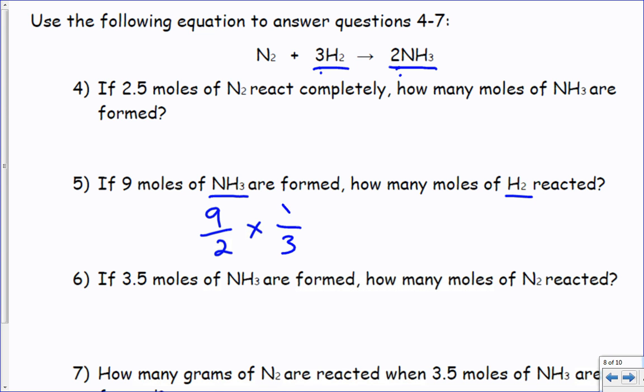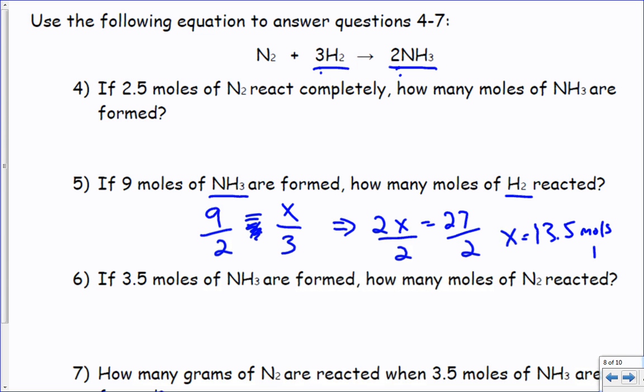So it's going to be in the denominator with an x up here, and this multiply sign is not there. It should be an equal sign. Now I can cross multiply. This goes to 2x equals 27. Divide both sides by 2. X is going to equal 13 and a half moles of H2. There we go.